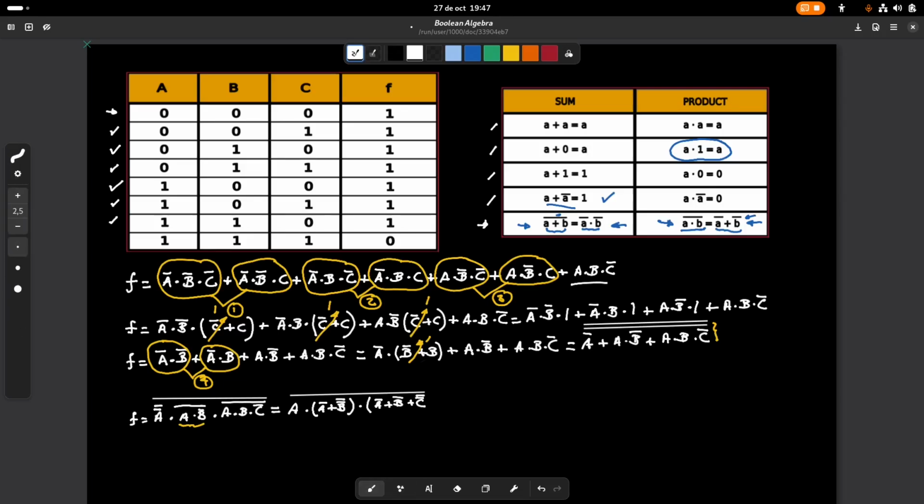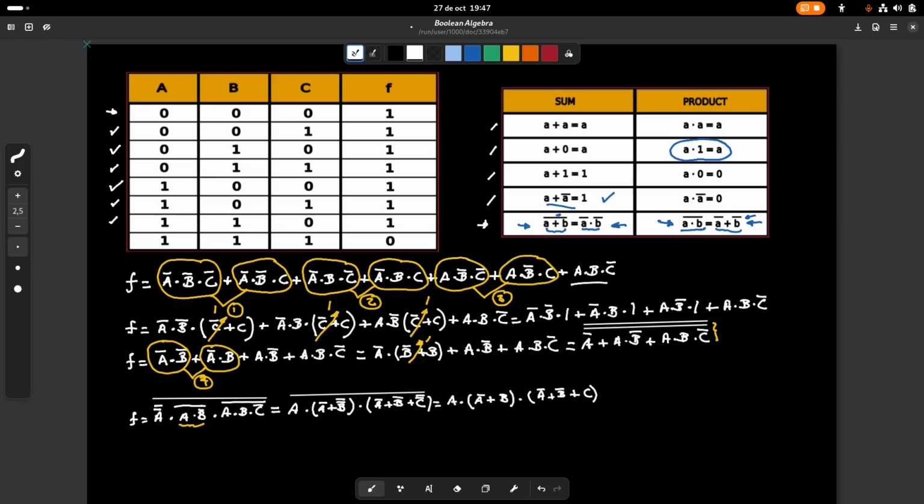So from here we have that this equals A and A negated or B negated negated equals B, and A negated or B negated or C negated negated equals C. Okay?